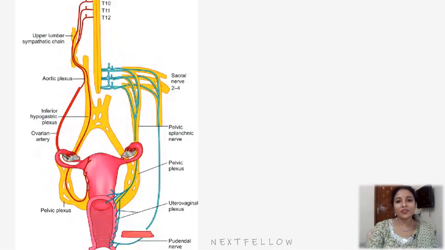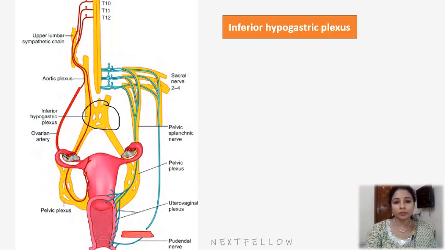Next, regarding the nerve supply of the uterus, it is predominantly from the inferior hypogastric plexus. So here we can see the inferior hypogastric plexus, which supplies the uterus and is carried along the uterine vessels, that is, the uterine and ovarian arteries.